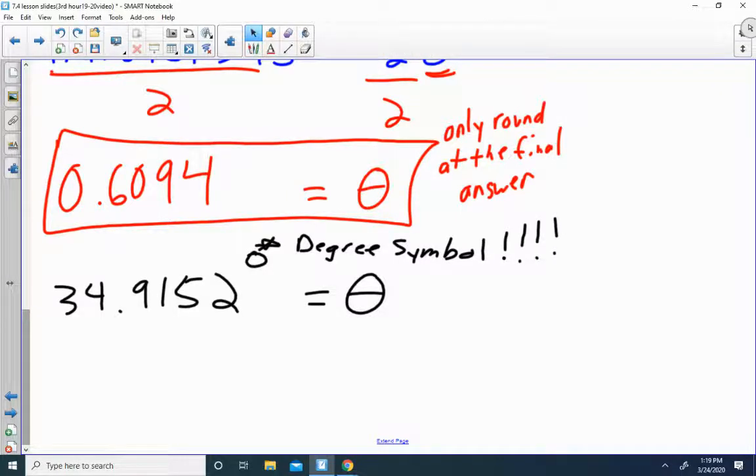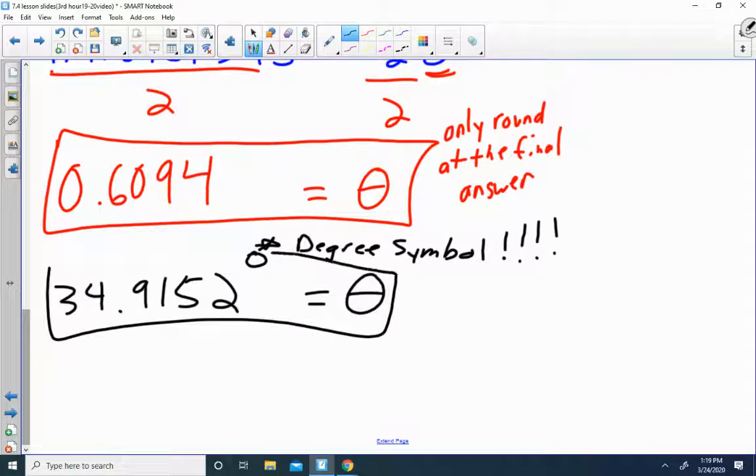If you get the number right, but if you forget the degree symbol, the Hawks program will count it wrong. And trust me, no one likes it when that happens, when you do all the work and then you miss it just because of the degree symbol. So please don't do that. Please, please. If you ever do degrees, please put the degree symbol. Please and thank you.